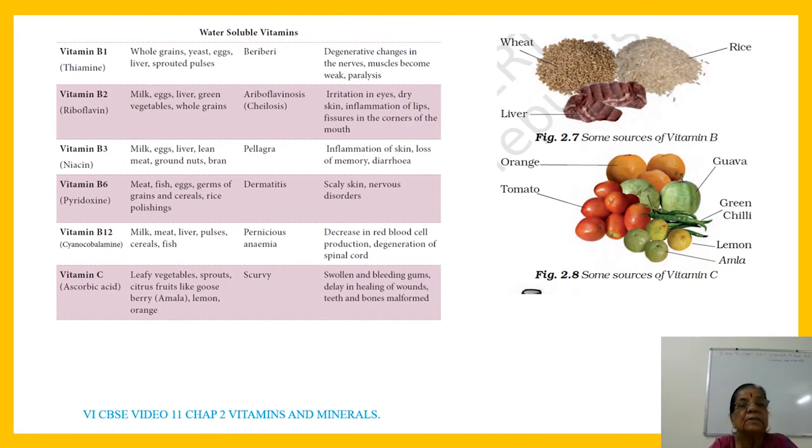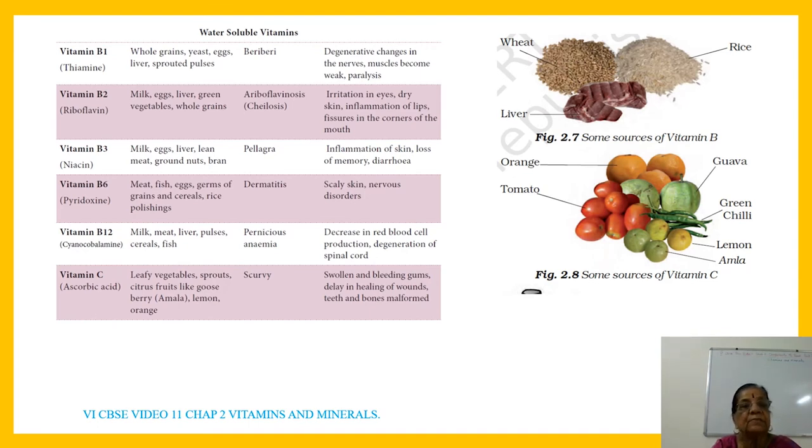Okay. Now vitamin B1 is thiamine. B2 riboflavin. B3 niacin. B6 pyridoxine. B12 cyanocobalamin. And vitamin C, ascorbic acid.